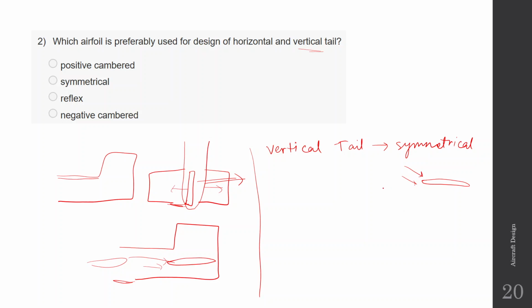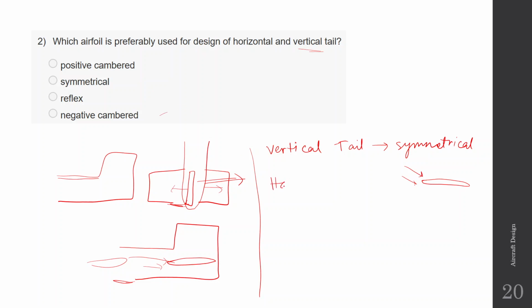Also the main reason is that the horizontal tail's purpose is not to produce lift. Its purpose is to stabilize the aircraft. And both the horizontal and the vertical tail have control surfaces, elevators and rudders, which can temporarily change the lifting properties of these tails. For the horizontal tail, we can have other aerofoils, but they're usually not required.